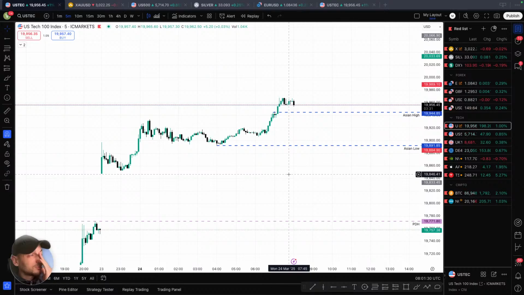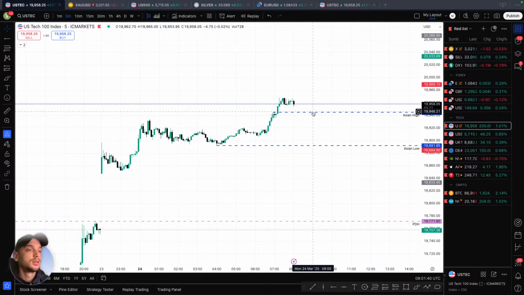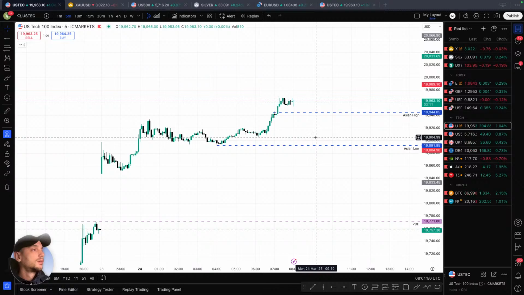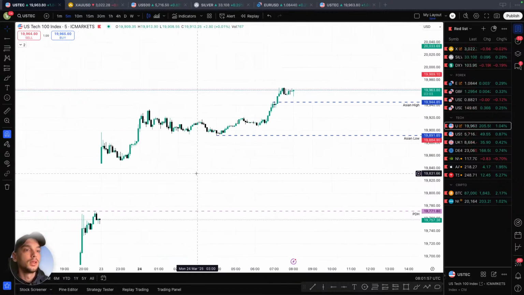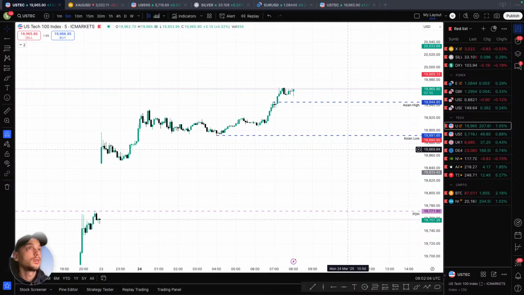So what we can see here, we are moving above the previous day high, above the Asian high, so we're trending up. It won't be bad to see the ORB going even higher.